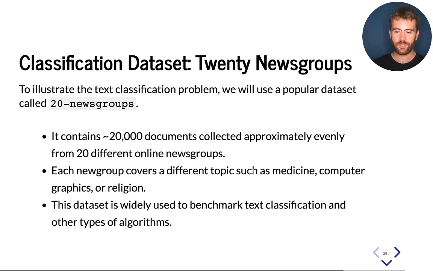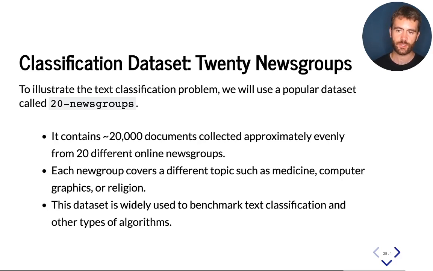And now to illustrate this, I'm going to use our 20 newsgroups dataset, which I introduced in the first video. Recall that in 20 newsgroups, we have a data set of messages that come from different online news groups, and each of them has a different topic. These topics include medicine, computer graphics, religion, and each X is a short message.